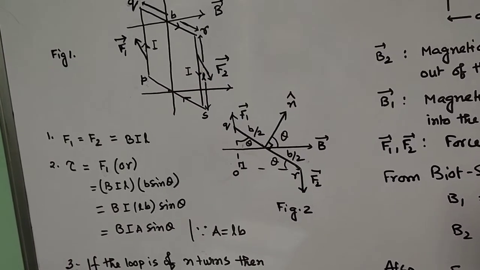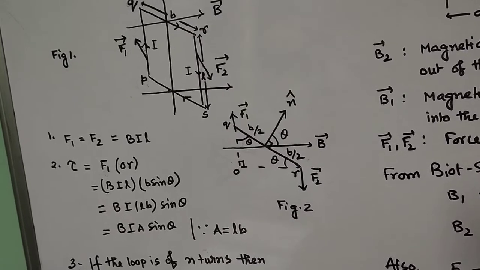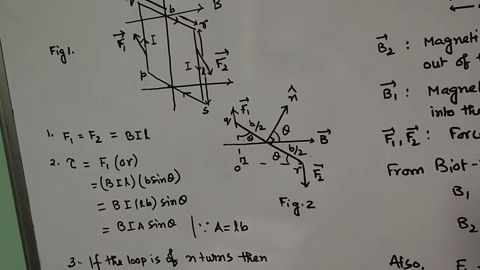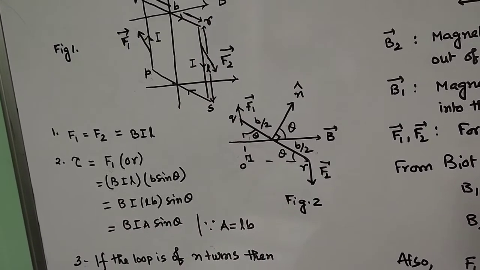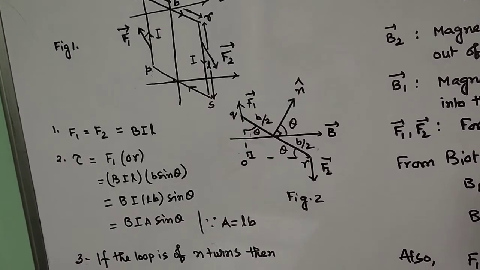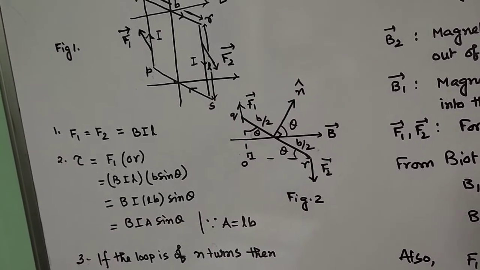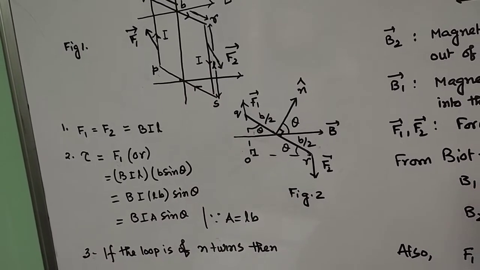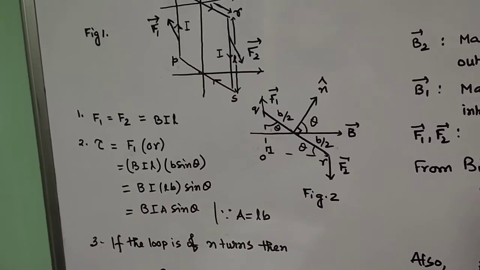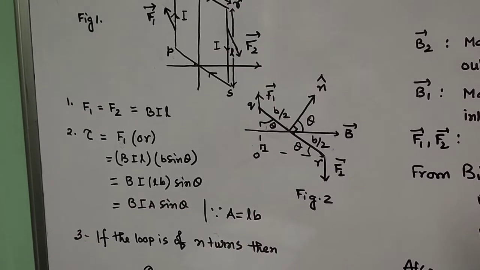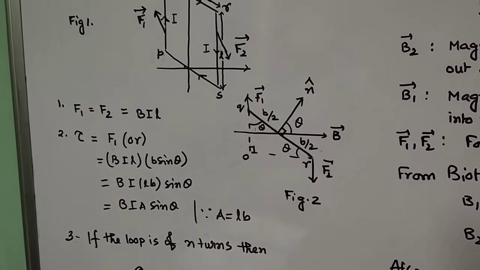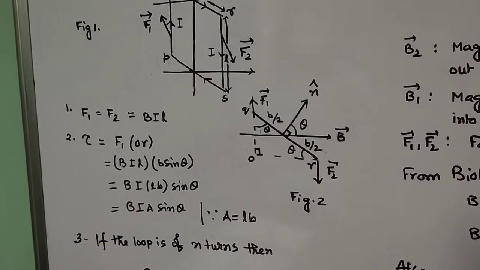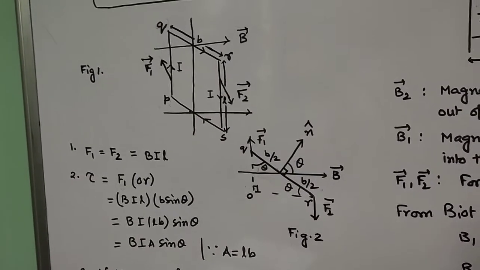That part is b by 2, so the whole is b. In the downward view, OR is nothing but b sin theta. So F1 is BIL, times b sin theta. So BIL, b sin theta. Here L into b is nothing but the area of the loop, length into breadth.